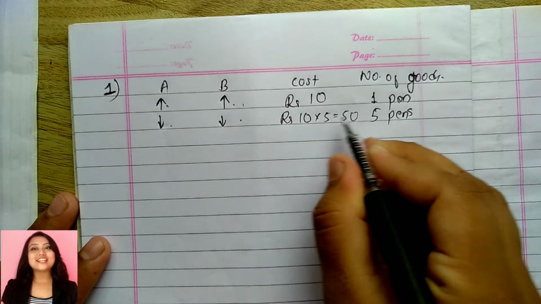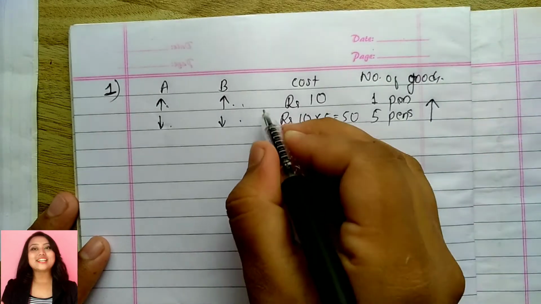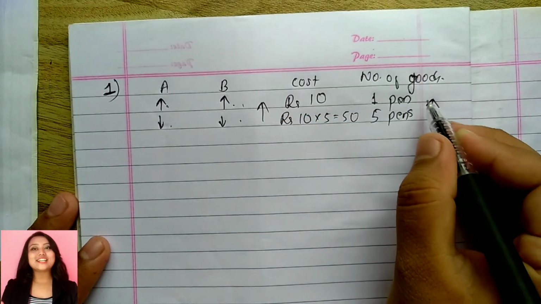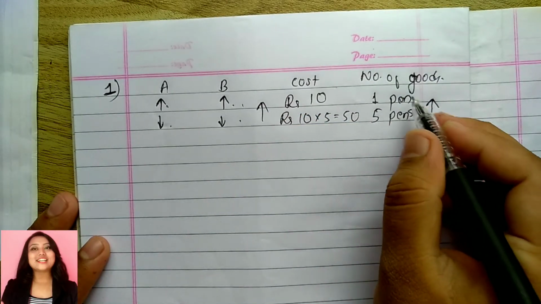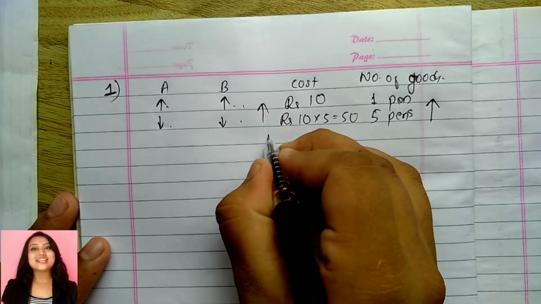So when one variable increased, the other also increased. When the number of goods increased, the cost of goods also increased. This is the condition of direct variation.